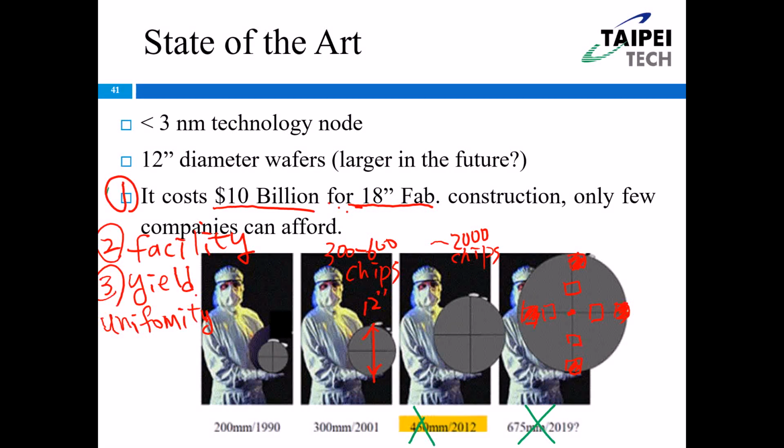When the wafer is getting larger and larger, it's very difficult to control the uniformity, the variation of each transistor. It will result in different performance of the chip. So if you fabricate 18-inch silicon wafer today, the variation will be very, very large, and it will result in lower yield.